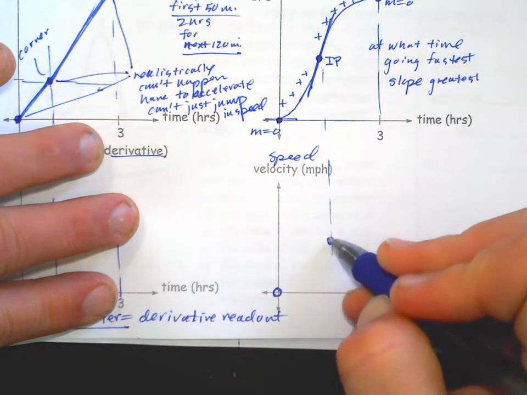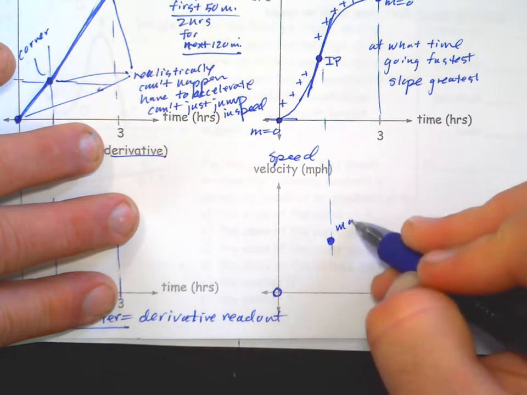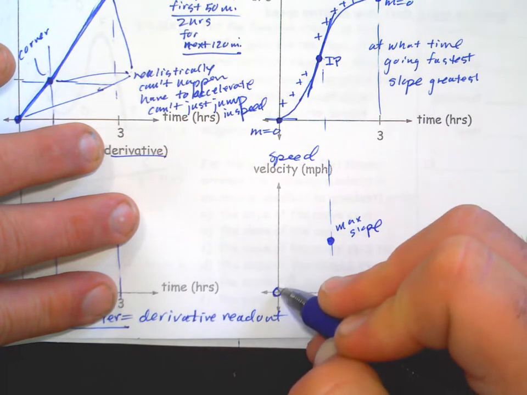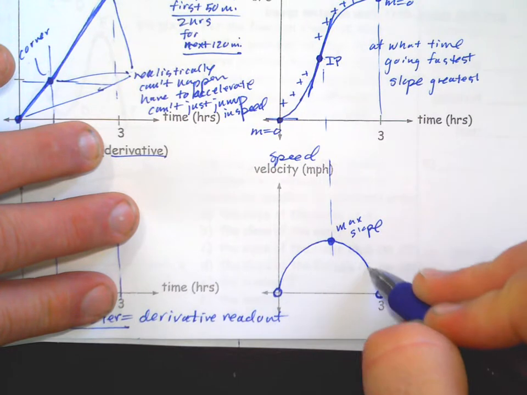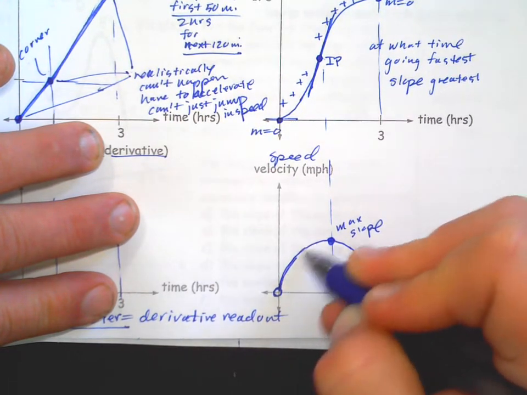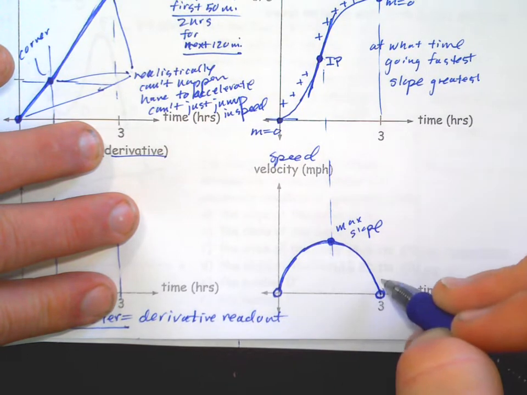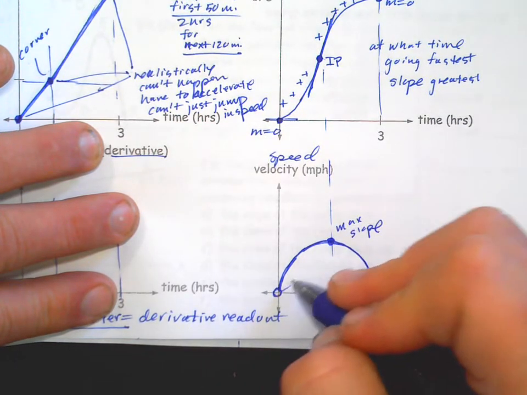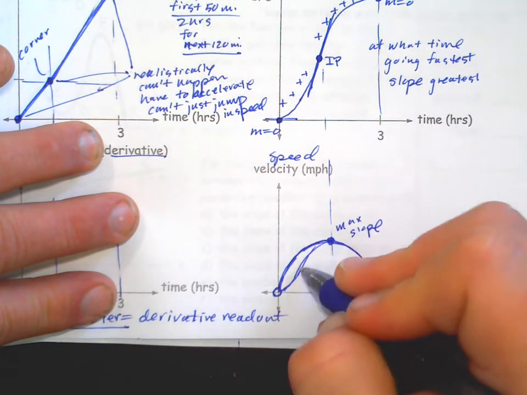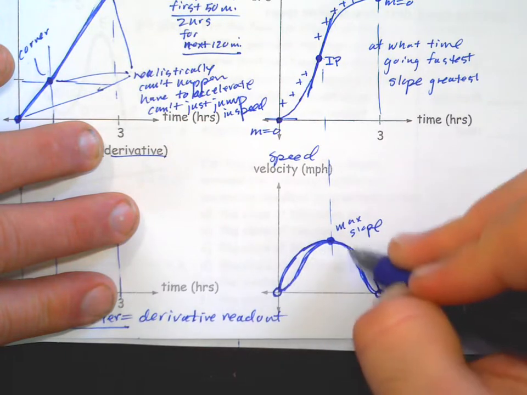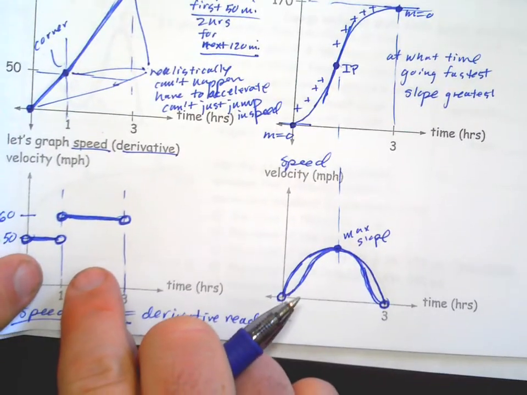So there's going to be some highest point, max speed, max slope. And then it's positive the whole time. It goes down, that just means it's decelerating, but it still has a positive slope the whole time. Now, maybe more realistically, it might look something like this, something like that. Not like a step function like this one.